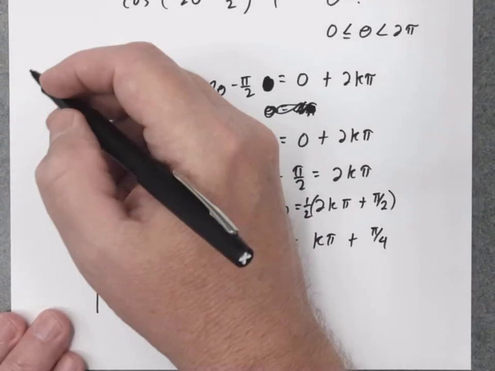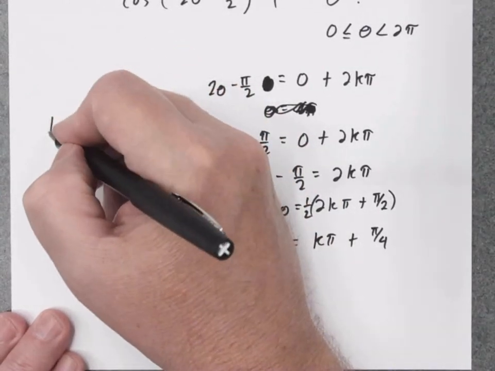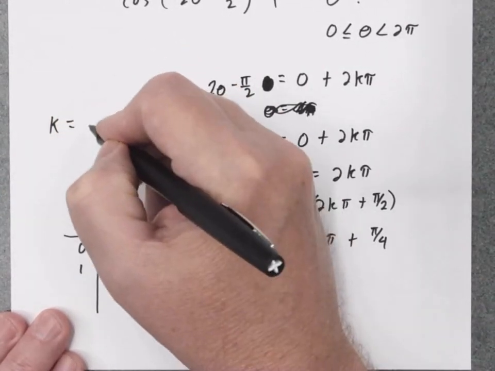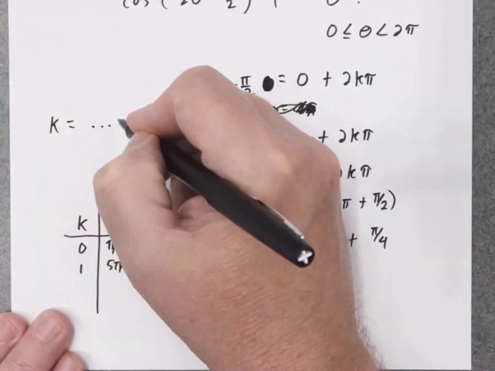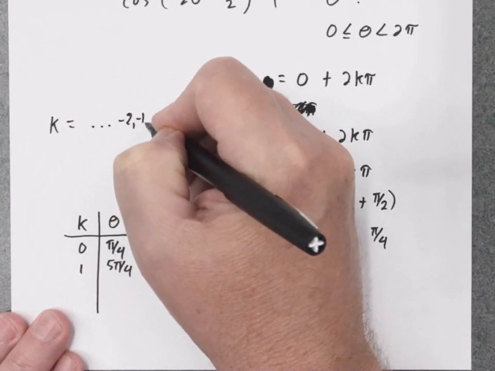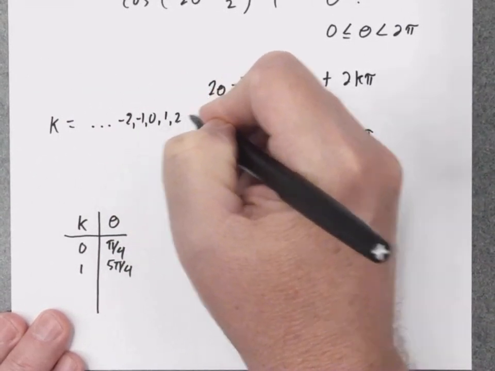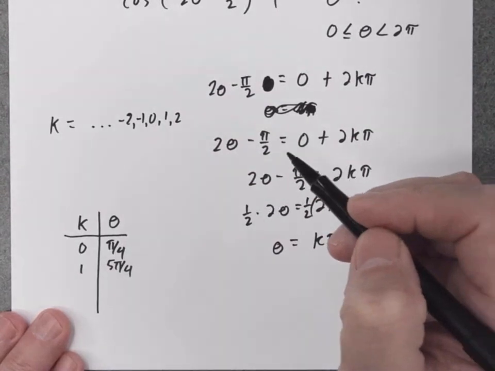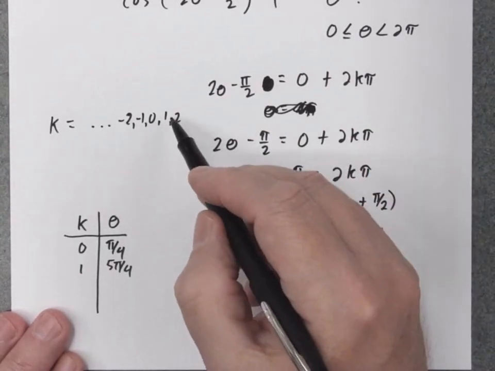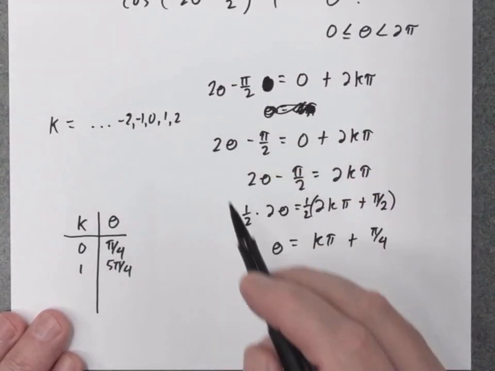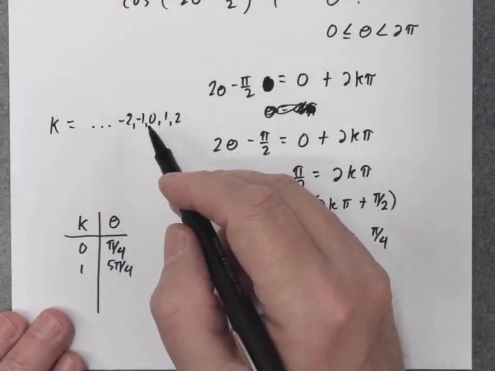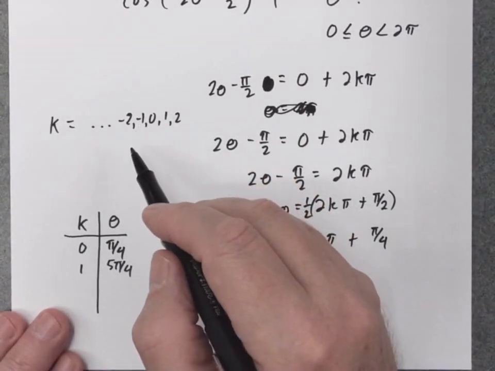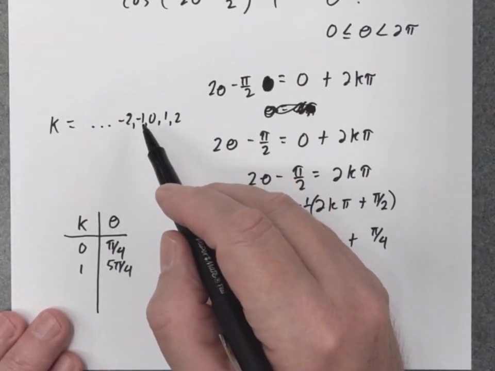You remember way back when we did general solutions, we said k can be like -2, -1, 0, 1, 2. Normally we just plug in positive numbers for k, but occasionally there may be a problem where you need to plug in a negative number for k.